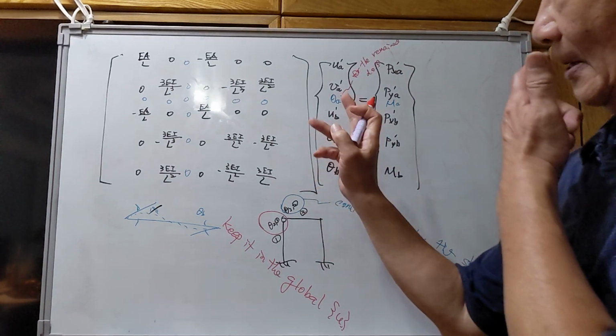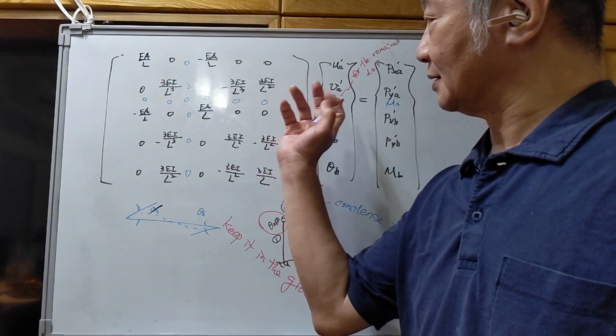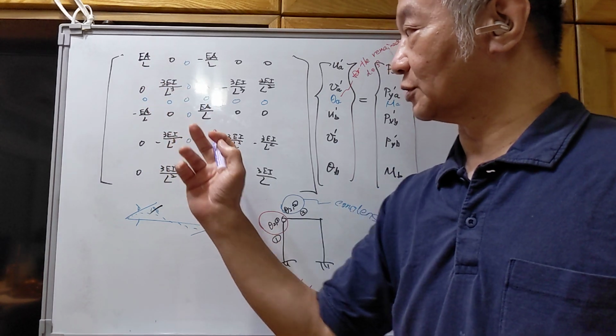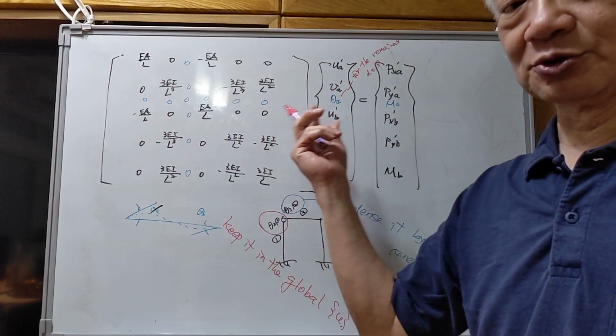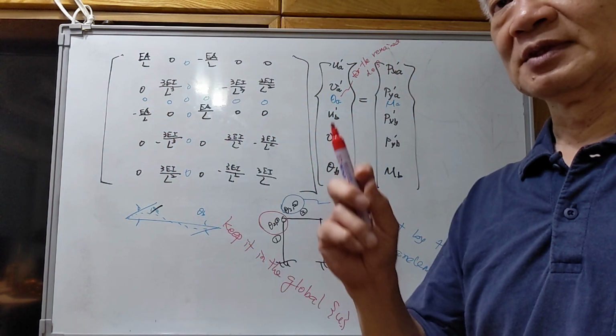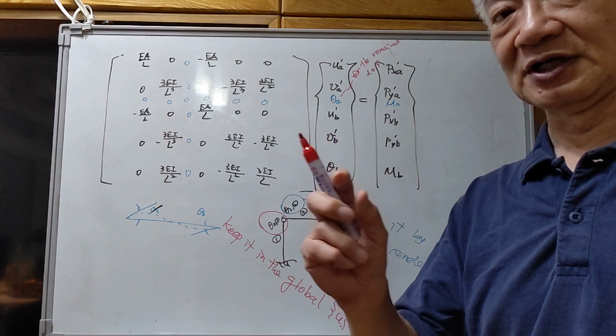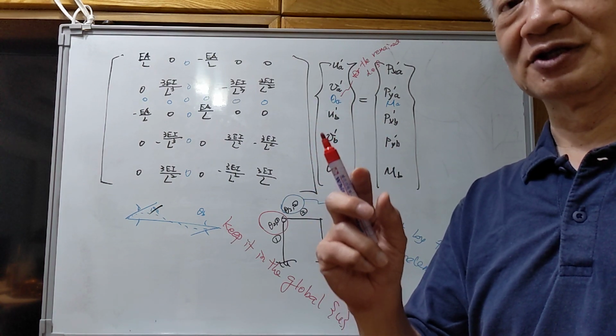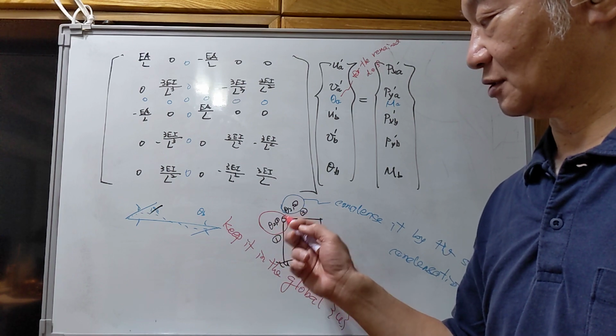Okay, so right now, if you add a row of zeros, the theta A you see here is the theta for the remainder degree of freedom.